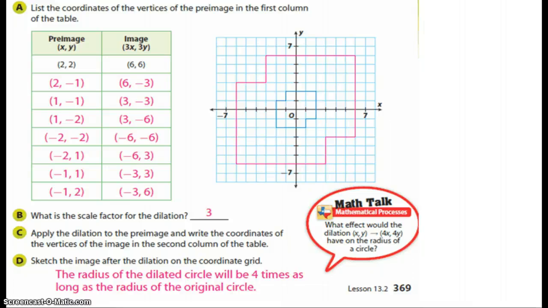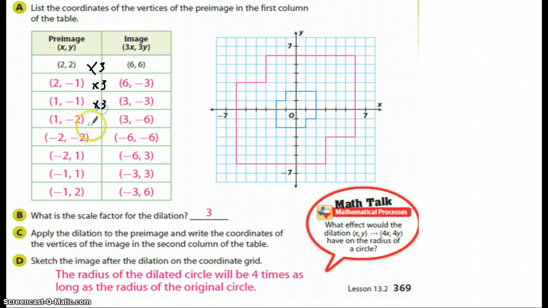Okay, so this is already pre-done. Remember, what we did to get the first one is we did 3 times 2, so we multiplied both x and y times 3. Here we had 2 and a -1, so we're going to multiply again times 3.